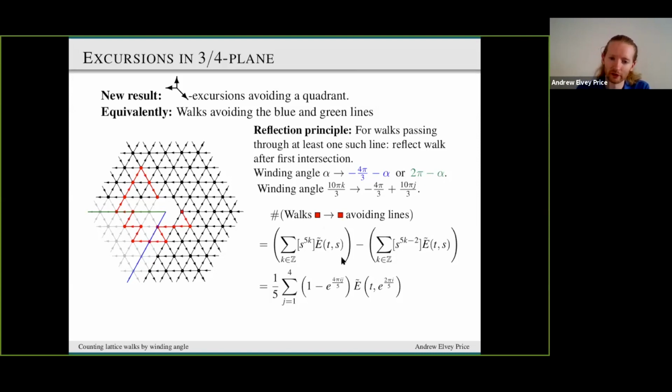And then we can just write that, by substituting various values for s, as a finite sum of specific values of the generating function. Okay, and so this is the explicit value for walks by winding angle, for excursions in the cone.